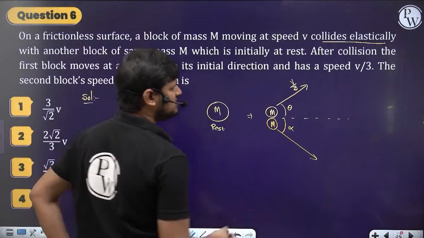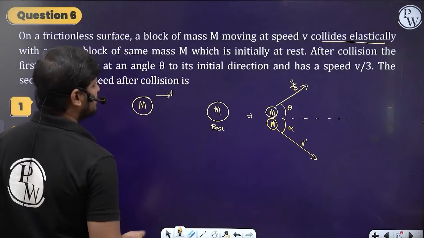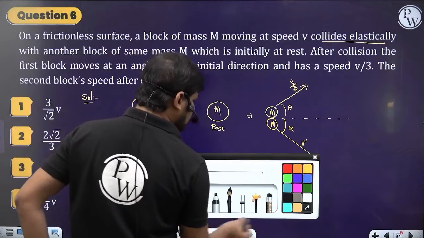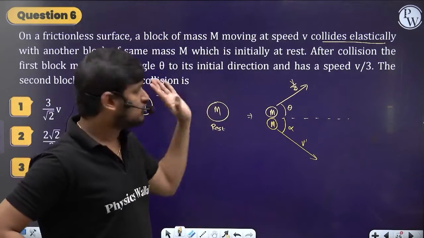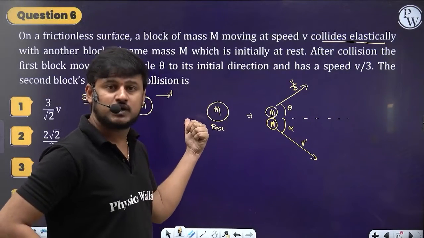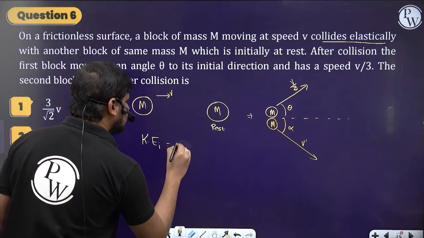Let's suppose it is moving with velocity v dash. For this question we need only the speed, right? Either you can conserve the momentum or you can write that the initial kinetic energy is equal to the final kinetic energy. For the previous question also you can do that. Let me do this question by kinetic energy.